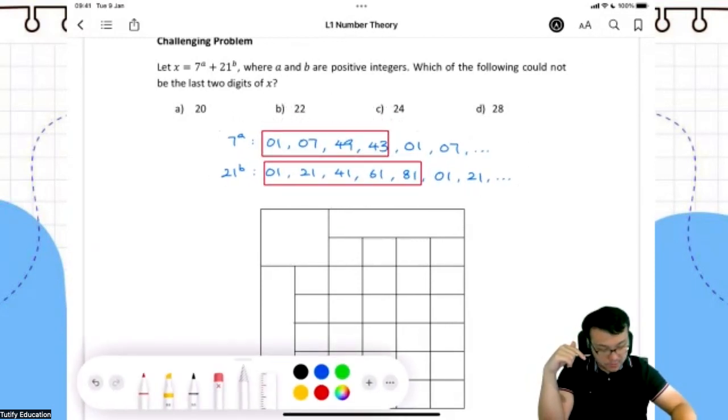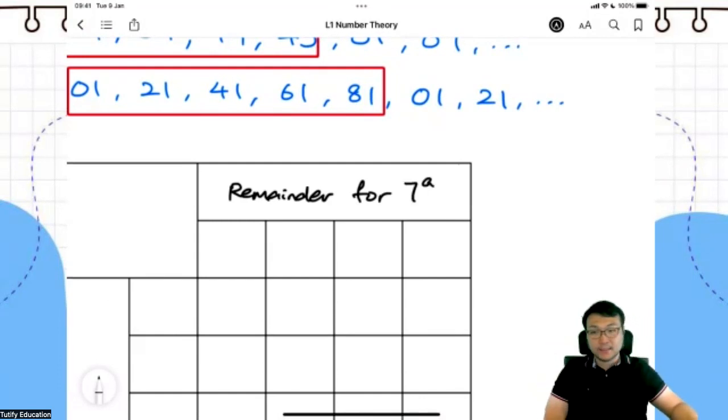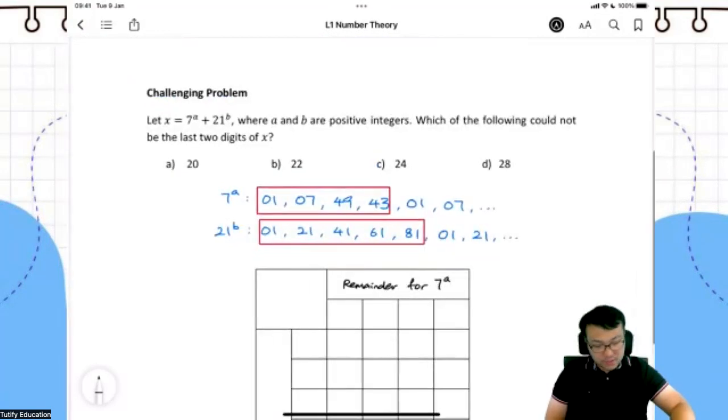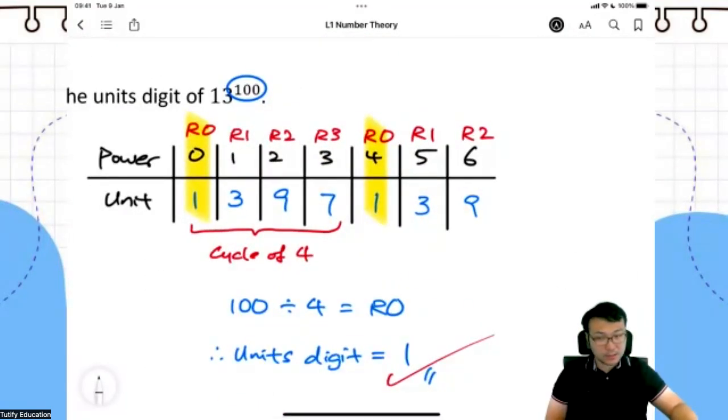First, we are going to fill in the table. What is the remainder for the power of A? What do I mean by remainder? Because A repeats itself in a cycle of 4, we have all these remainders here: remainder 0, remainder 1, remainder 2, remainder 3.